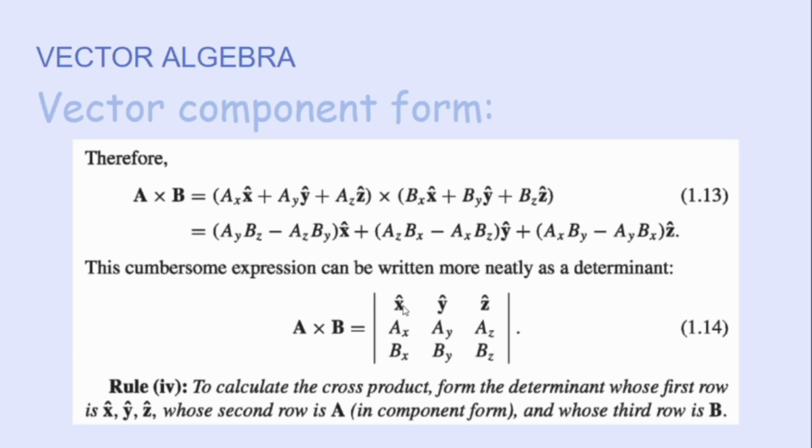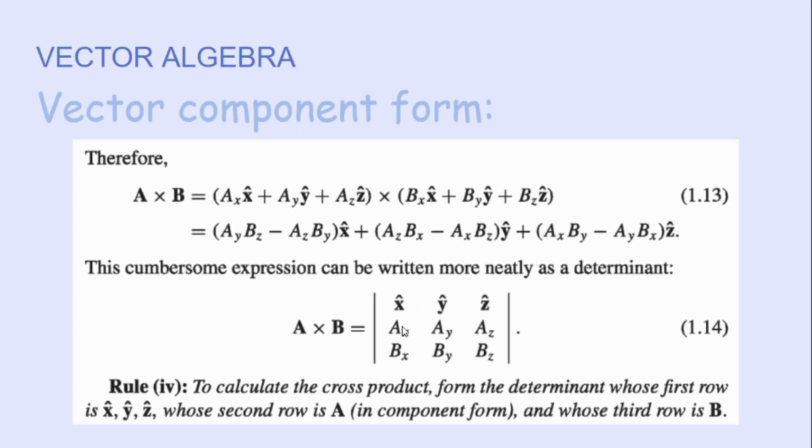As you can see, firstly you will ignore this column and this row, and you will take the product of ay and bz, and then a negative sign, and then you will multiply az and by. Then you will put a negative sign for the j direction or y direction, and you will ignore this column and this row.